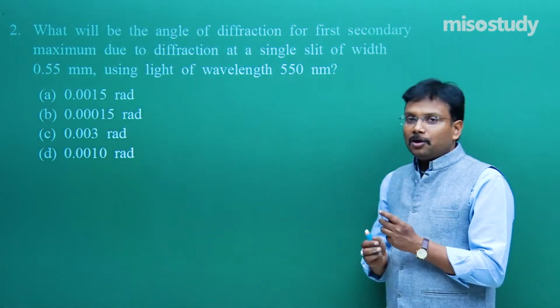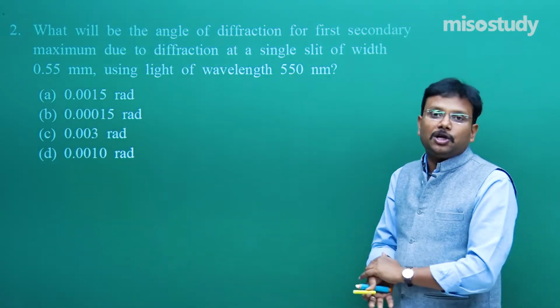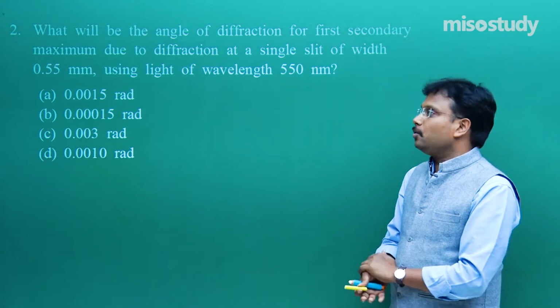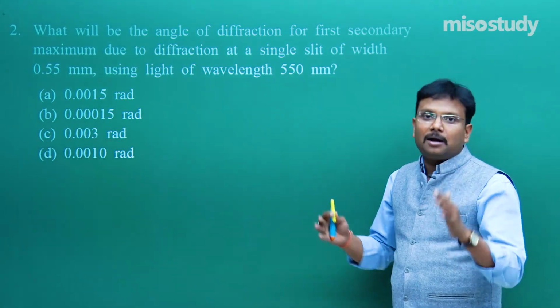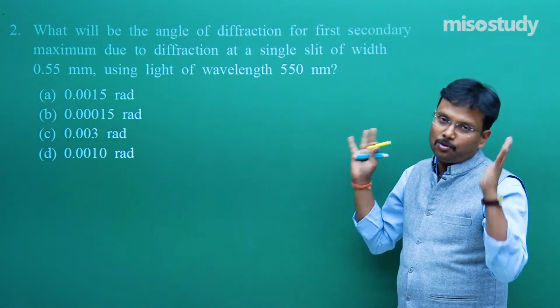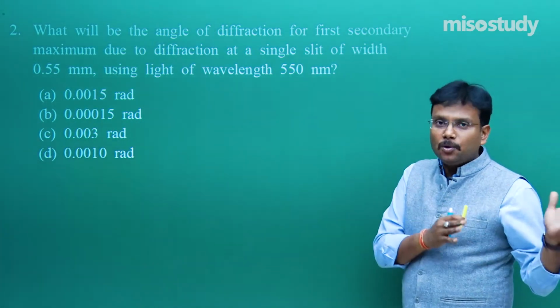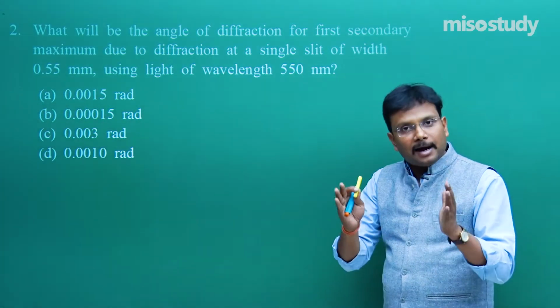So, first thing required is the formula. And if you are regularly watching our theory videos, you can find that very properly in a simple manner I always explain these type of important concepts. So, if you are regular with the videos, obviously you will find these type of questions interesting and easy.